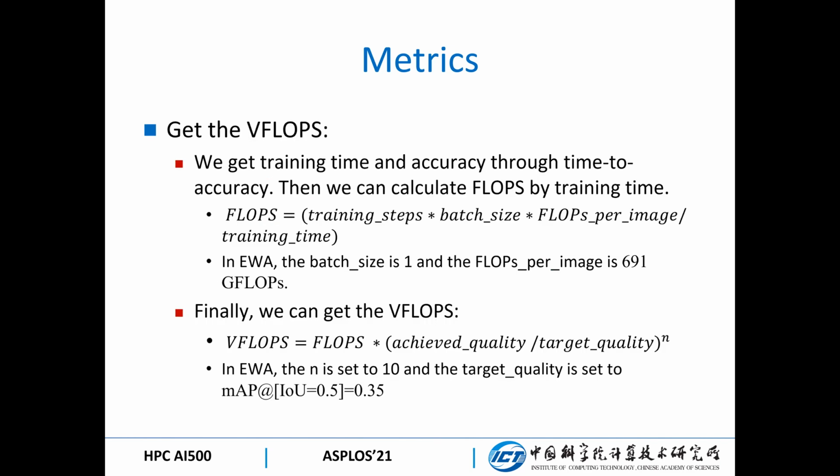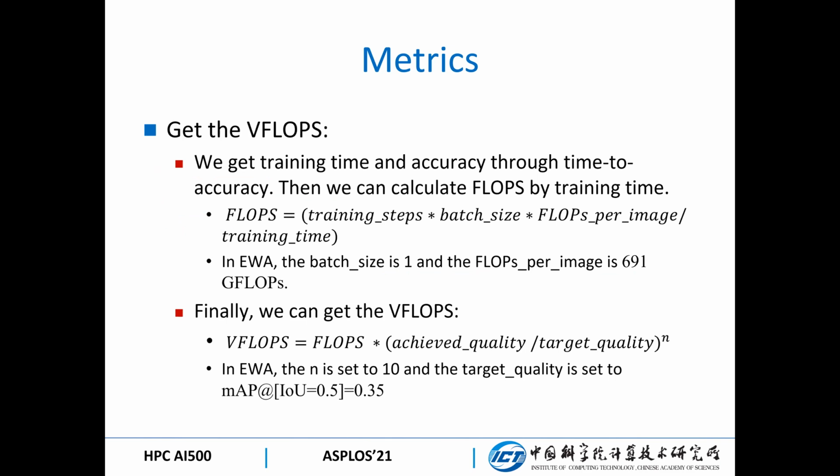Next, we introduce how to calculate the valid FLOPS. We get the training time and accuracy through the report time to accuracy. Then we can calculate FLOPs by training time using the following formula.